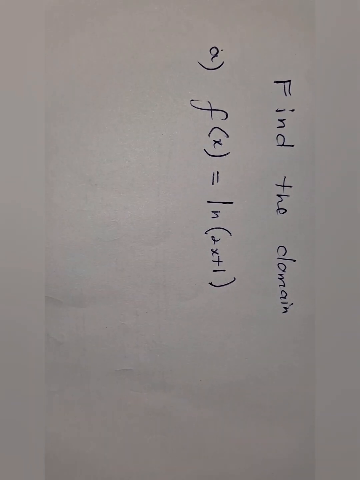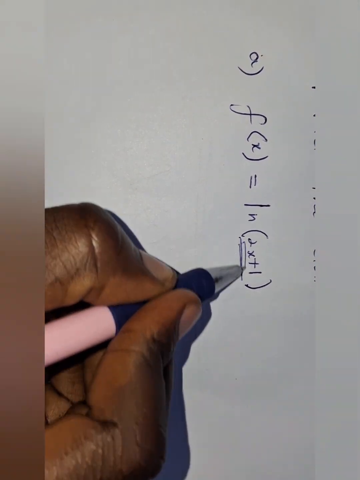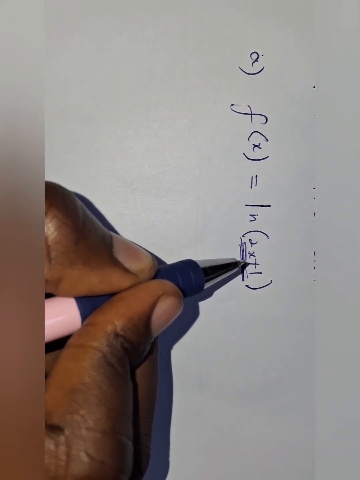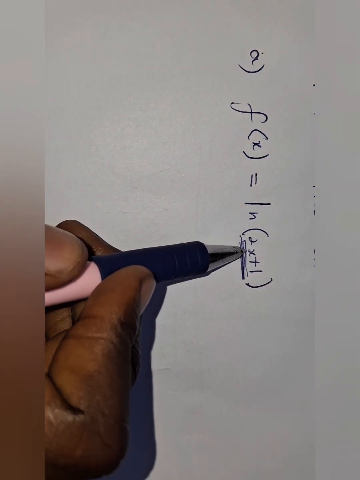And we know something is positive when it's greater than 0. So the input to our logarithm in this case is 2x plus 1, and 2x plus 1 is supposed to be greater than 0. That range of values for which the input is greater than 0 is going to be our domain.